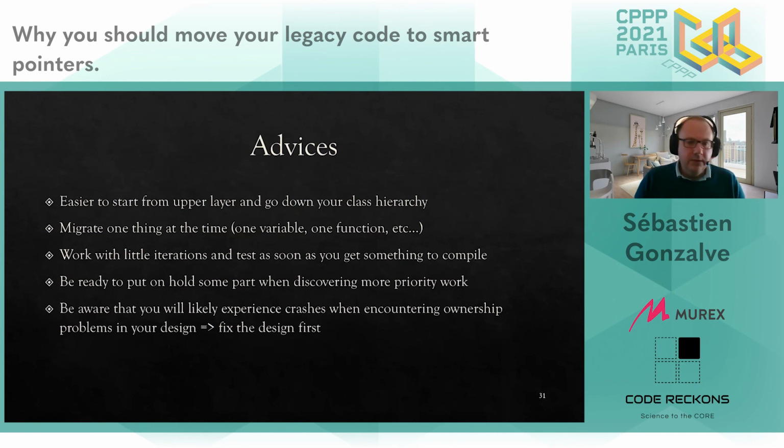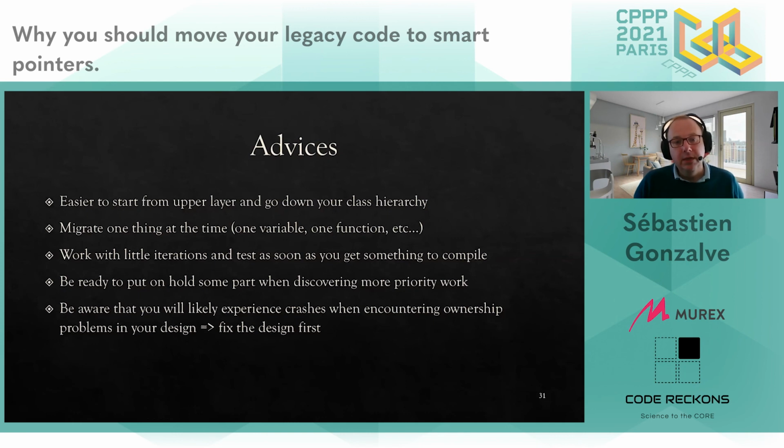So I'll try to finish on advice. If you do such kind of rework, you may start by the upper layer and go down your hierarchy, because usually it's easier to wrap upper layers and get raw pointers from your smart pointer and keep passing them down the hierarchy than making the lower layer take smart pointers and thus having to change the call site of all your functions.